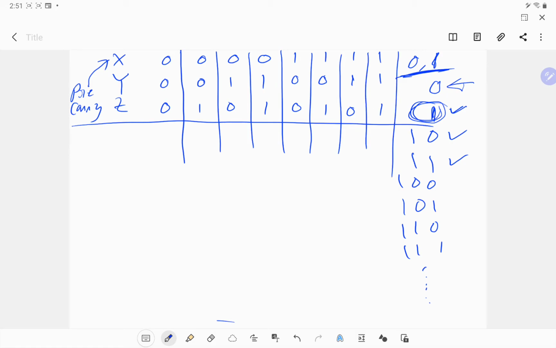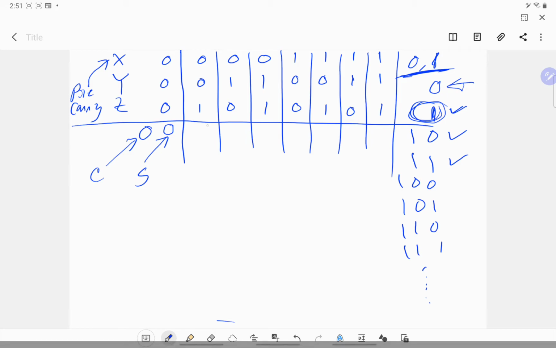Well, adding 0 0 and 0 will give us 0 and 0. 0 is the sum and 0 is the carry. Now 0 0 1 will give us 1 0. So the addition is 0. So now 1 and 1.